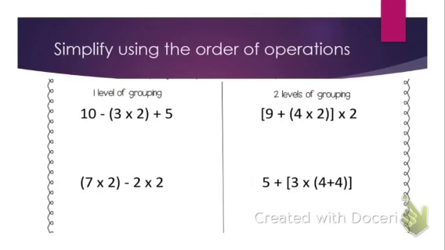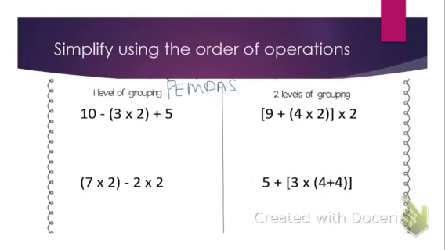If you look to the right, the 2 examples on the right include up to 2 levels of grouping. So before I begin, I like to write PEMDAS. And this helps me remember what step or what operation to solve next.